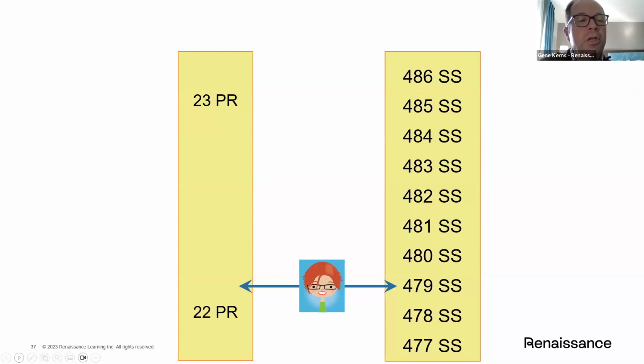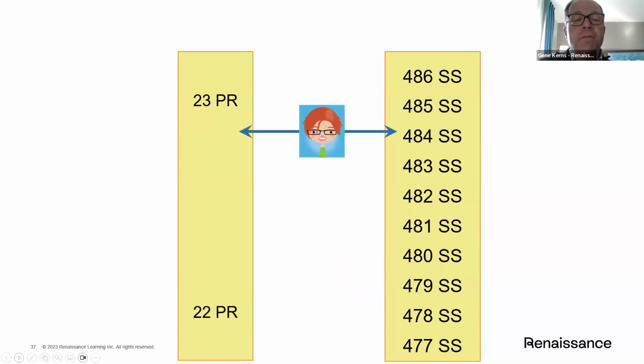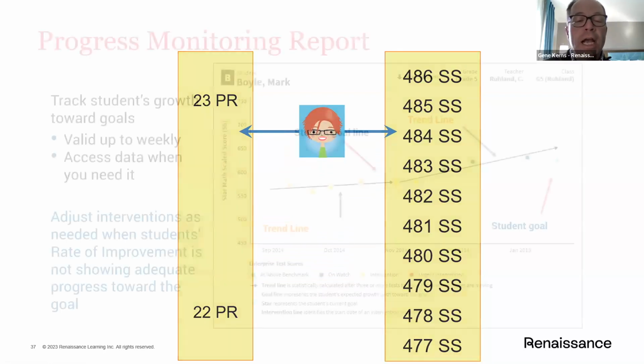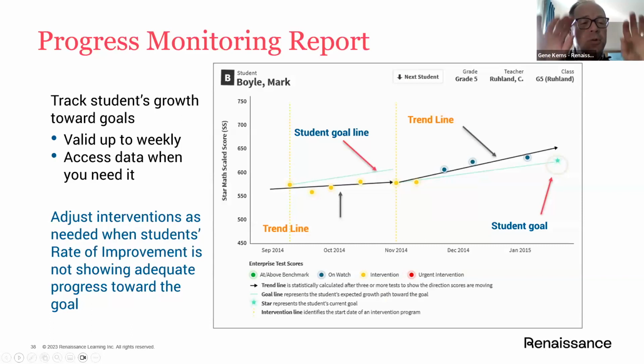In progress monitoring, you want to monitor looking at the scale score, because if you were just monitoring based on percentile ranks, which is larger, if a student rose from 479 to 484 and you were merely looking at percentile ranks, you would not perceive that growth. But because the scale score is the tiniest, smallest increment, you would be able to detect that they've moved from 479 to a 484.